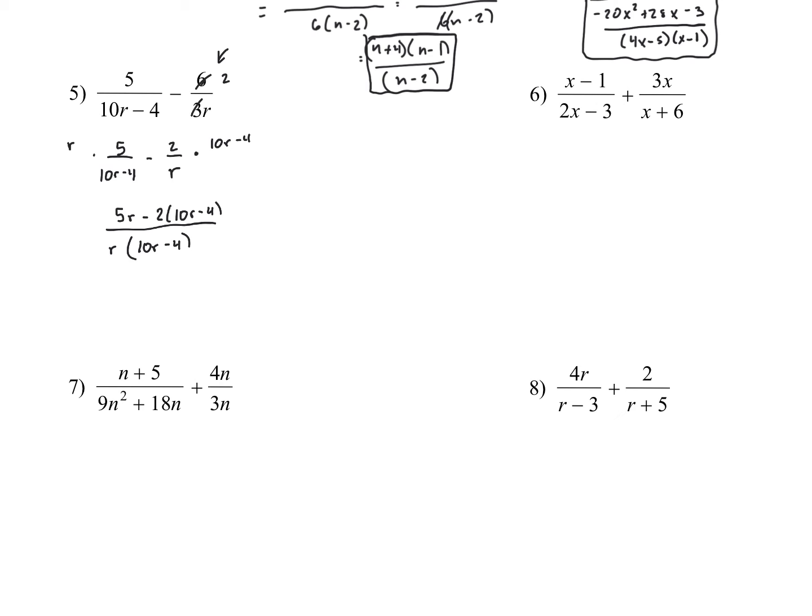Okay, now I'm going to distribute in my numerator. Don't forget about the negative sign. So now I have 5r minus 20r plus 8 all over r times 10r minus 4. Okay, combine like terms in your numerator even further, and you get negative 15r plus 8 all over r times 10r minus 4.